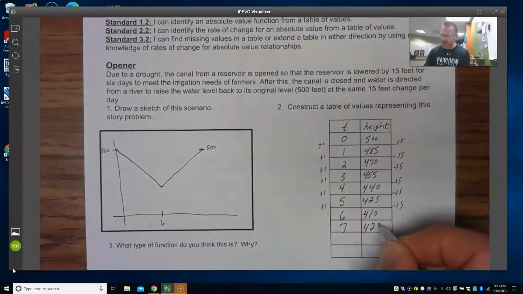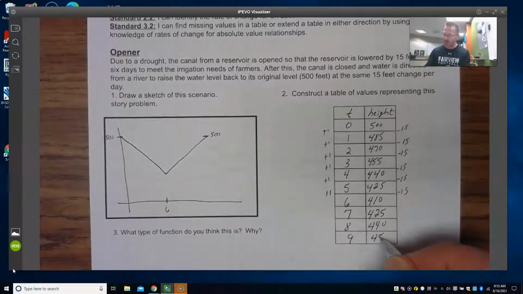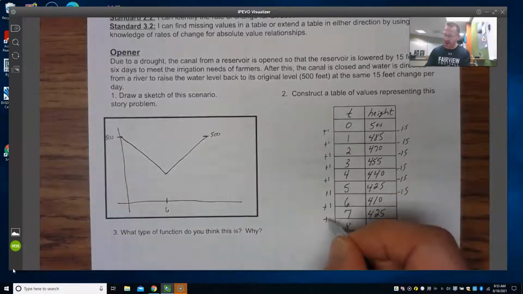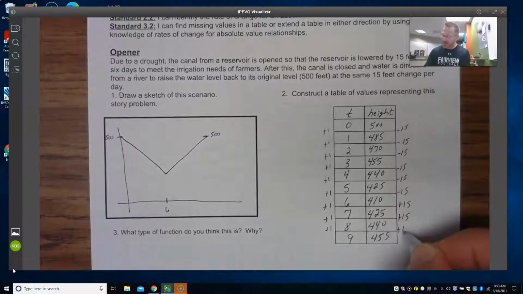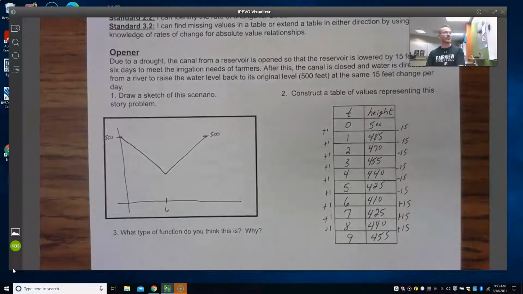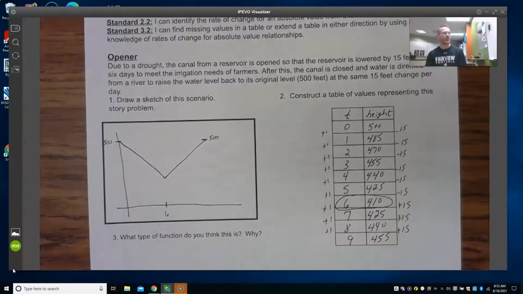So now I get back to 425. And then day 8, it's going to be back up to 440. And day 9, it's going to be back up to 455. And I can see that I'm adding 1, but now we get that opposite rate of change. It's still a constant, but it's a constant in the other direction, around this turning point here.